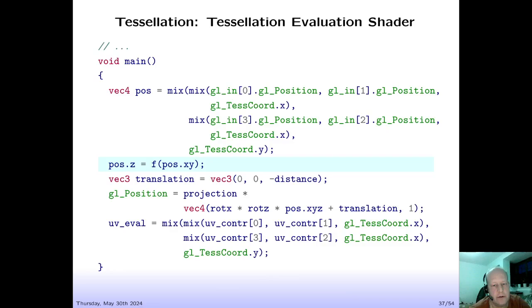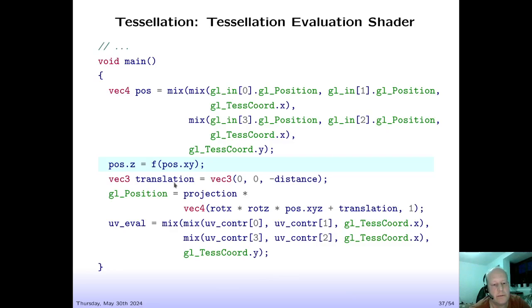We use TessCoord.x to interpolate between points 0 and 1 as well as points 3 and 2, and the two results we then use for interpolating according to gl_TessCoord.y. And we override the z coordinate with the function applied to pos.xy.